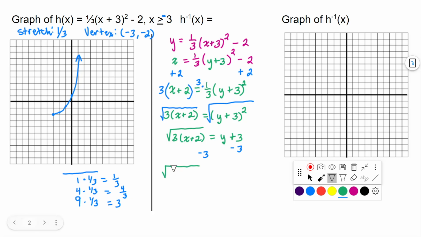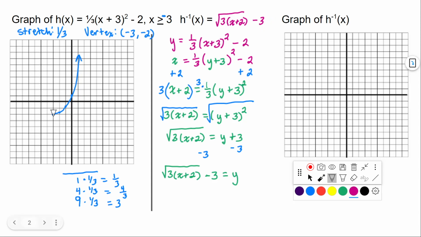So we're going to have the square root of 3 times (x plus 2) with the minus 3 outside equal to y. So our inverse function is the square root of 3 times (x plus 2) minus 3. Make sure that's clearly outside of the square root. So that's our inverse function.